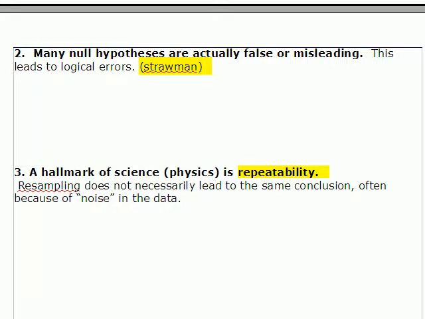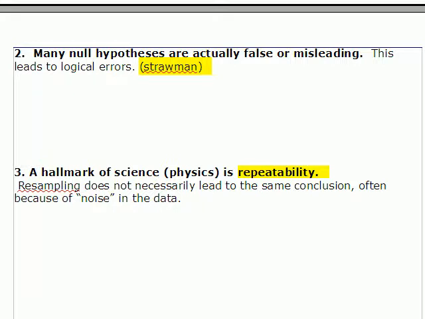Okay, how about in statistics here? If you go and resample and come up with another test value, are you going to come up to the same conclusion? Not necessarily. And so the idea of repeatability isn't real strong in hypothesis testing, and so that's an issue.